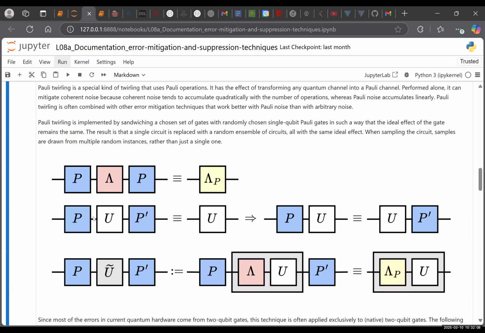For example, you could apply the X. For example, we know the controlled-NOT gate. If you apply, let's see if I can write. Let me go to the slide.